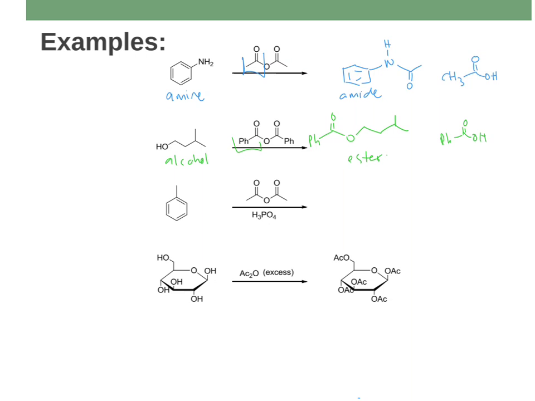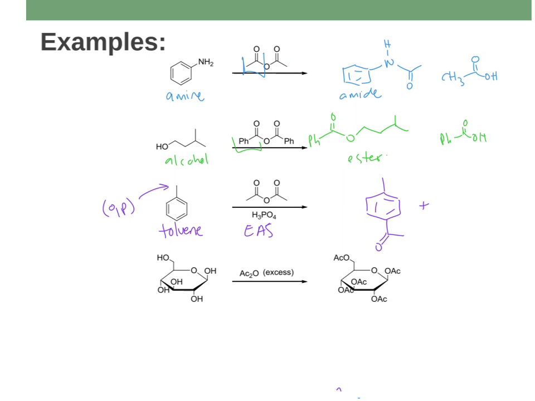This one down here, I don't see anything to acylate, like to make a carboxylic acid derivative, so this must be, because this is just toluene, an EAS reaction. So I'm just doing a Friedel-Crafts acylation here. And so I'm just going to follow my electrophilic aromatic substitution rules. So I know that this is an ortho-para director, because it's a methyl group, it's an alkyl group. So I'm just going to go ahead and slap my acyl group para.